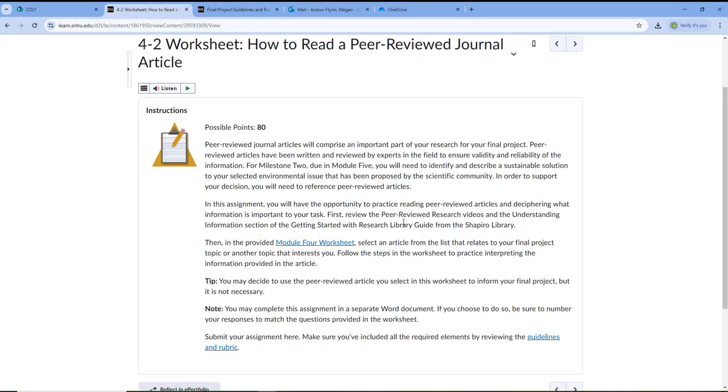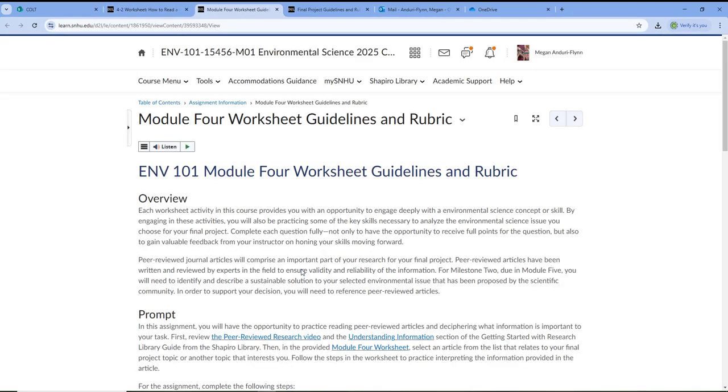Okay. So in this assignment, you're going to learn how to read one of these peer-reviewed articles and decipher the information. So let's take a look at the guidelines and rubric for the assignment first.